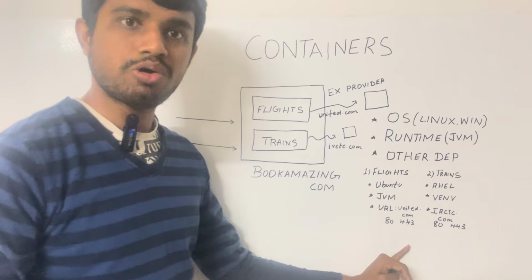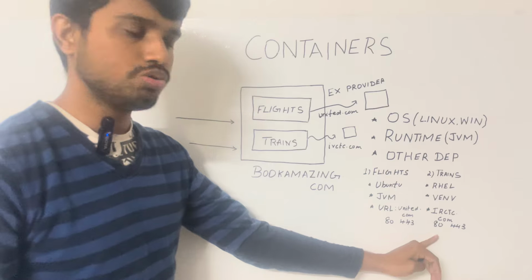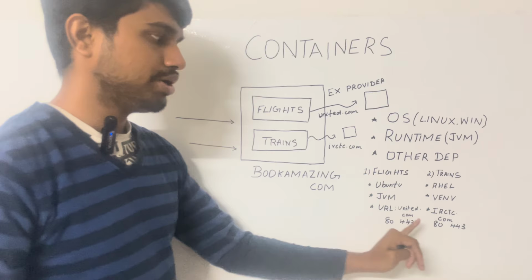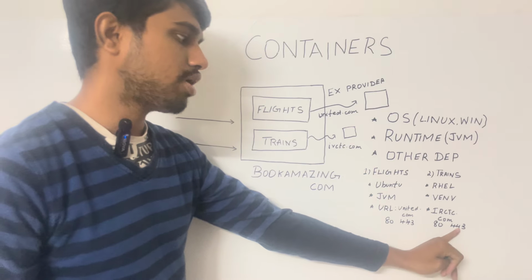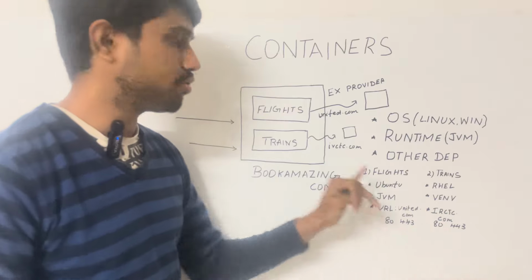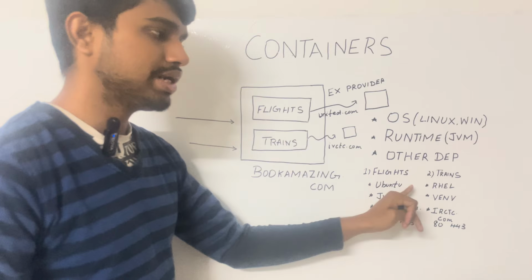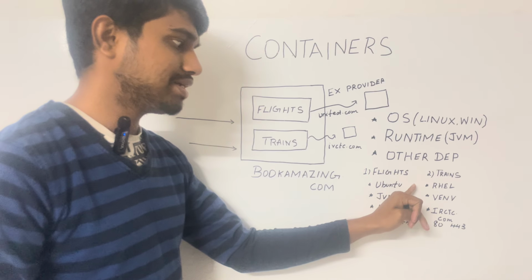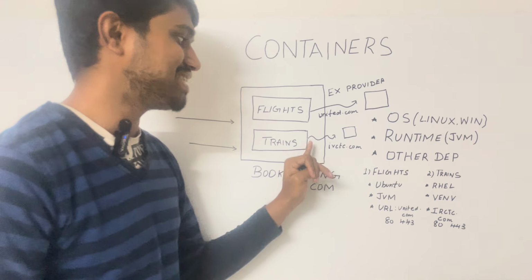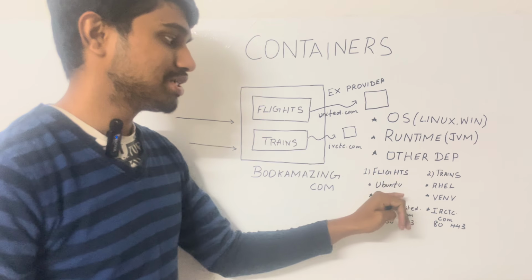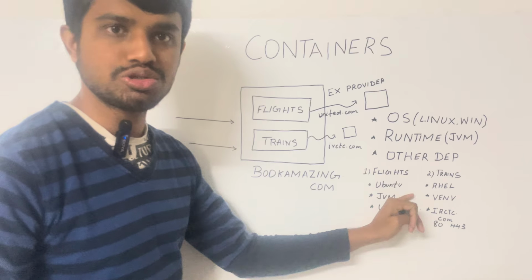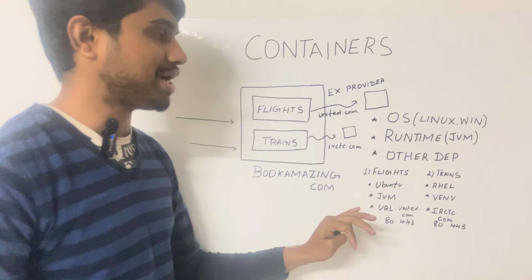So now when you want to deploy or run two things in the same computer, your developers are confused about how they can give the same port to both of them. How can they install two different operating systems in the same computer? They want to make sure that the runtimes don't clash with their dependencies and packages.